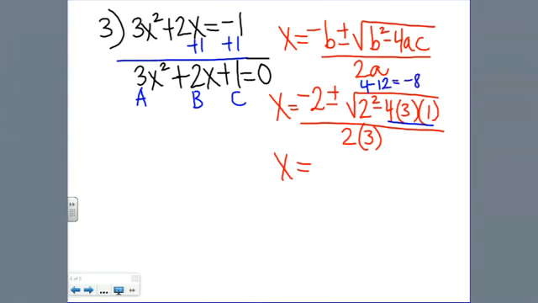So the value of our discriminant tells us, because it's negative, we should anticipate 2 complex solutions involving the letter i for imaginary. So let's break down everything. We have negative 2 plus or minus the square root of negative 8 all over 6.